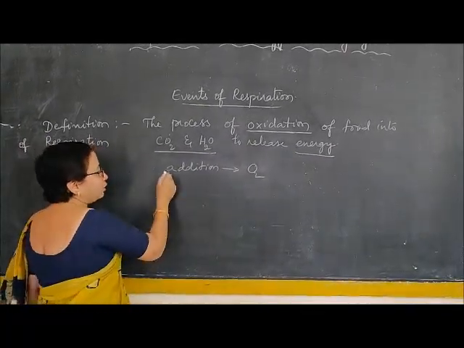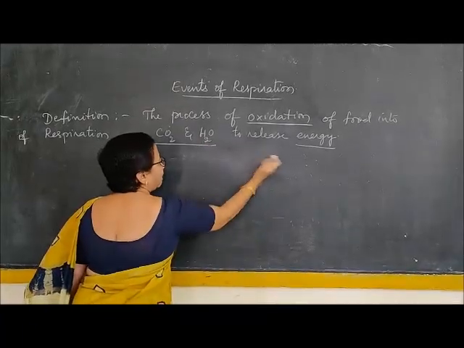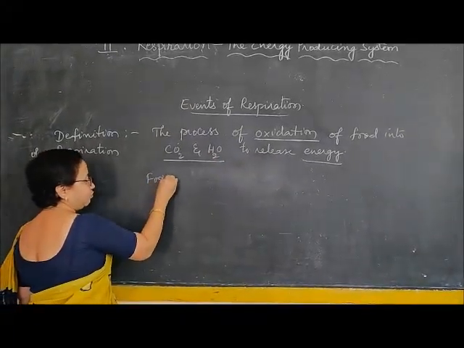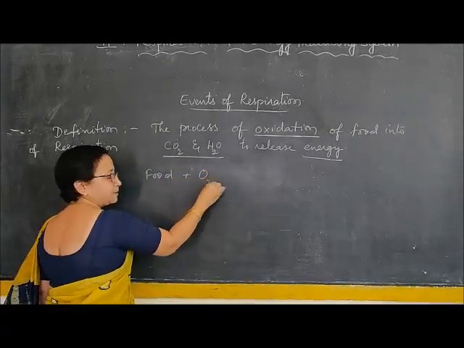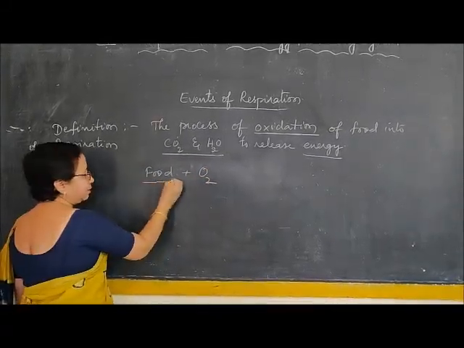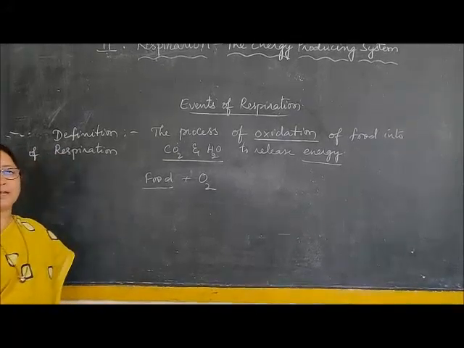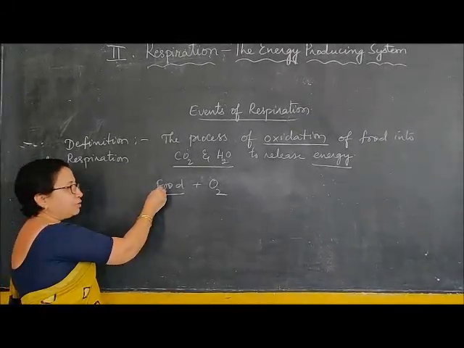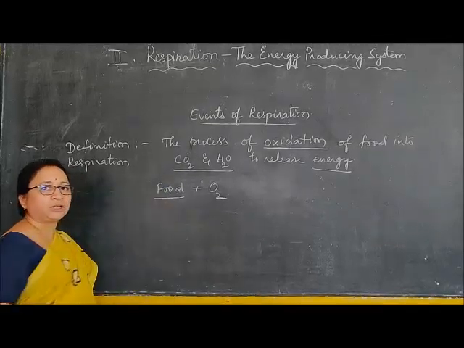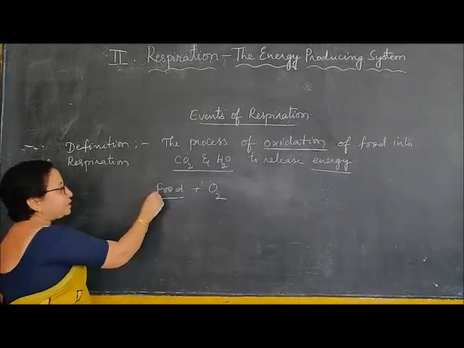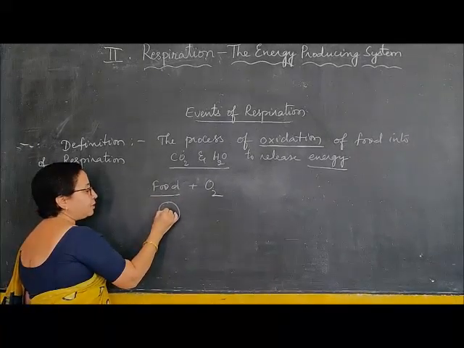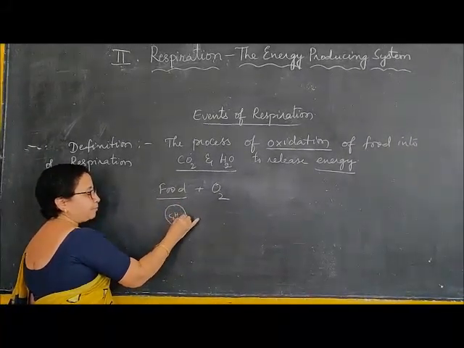Now, what are the requirements of respiration? We need food and oxygen. Yes, we have learned how food is supplied to the cells in the first chapter. After absorption and assimilation of food in the intestines, the food is circulated to the cells. So now food is available in the cells.